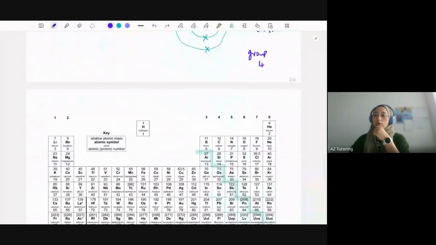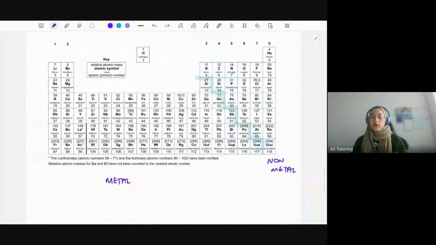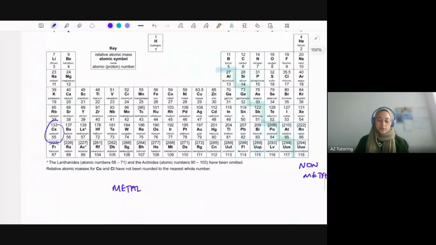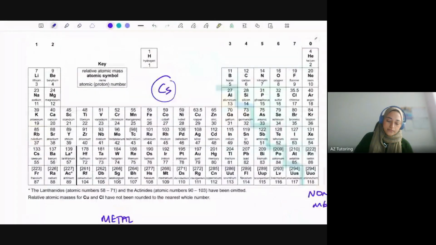So why is this important? Usually when we're looking at bonding, we don't really care about any of the inner electrons when we're joining atoms and elements together. That's the reason why we have a group number. Take, for example, caesium. If you're bonding caesium to something and it has 55 electrons, you don't want to draw 55 electrons. You just want to represent caesium. It's in group 1, so it just has 1 outer electron.